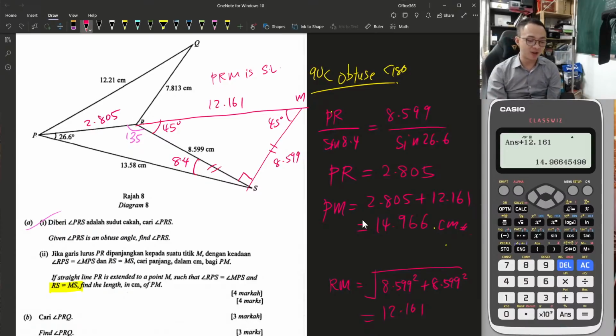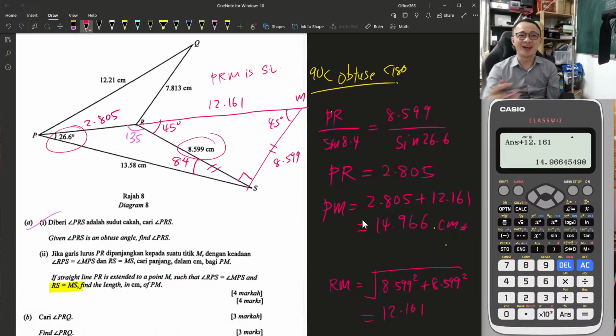So isn't it 135? Yeah, it's 135. No, I'm talking about this angle and this length. So I didn't use 135. Or am I taking the wrong thing? Let me see. PR over sine 8.4, and this one over sine 26.6. Because 2 point something looks a bit too short.